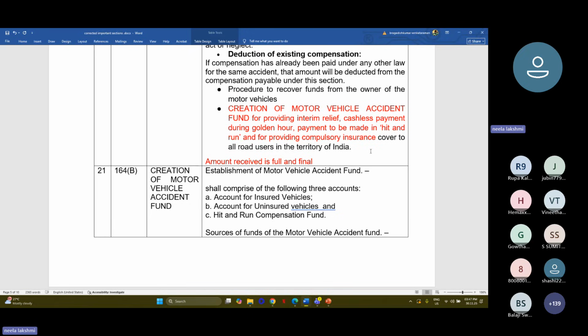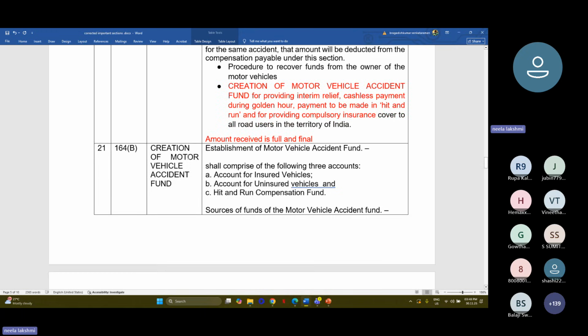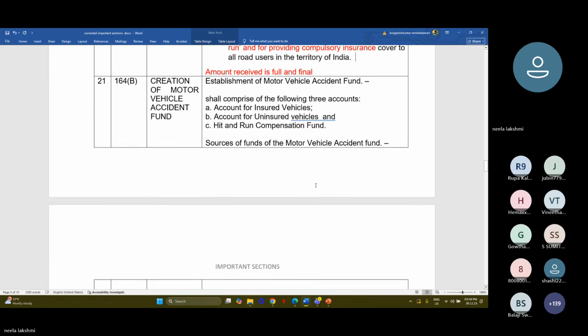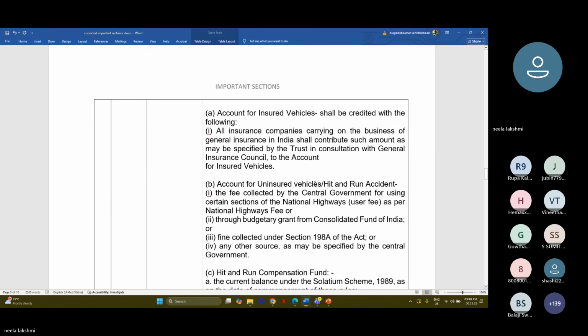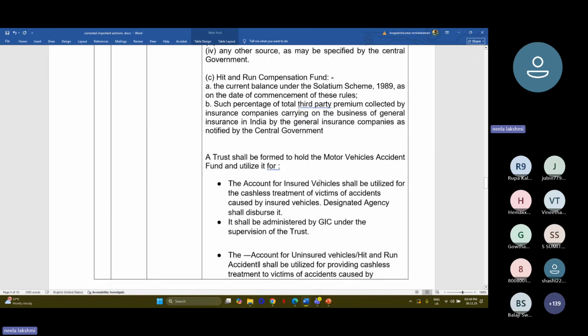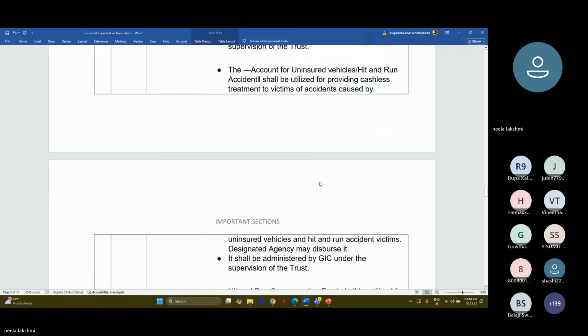How it is created and how it is maintained is detailed under section 164B, establishment of motor vehicle accident fund. You can go through this in a detailed manner.